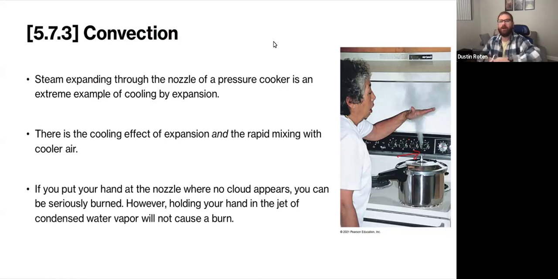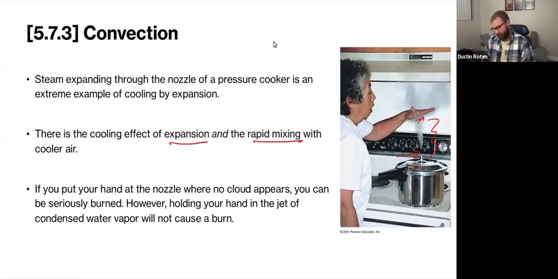But then because it's mixing with cooler air and moving up and expanding, you've got all these things happening at the same time, expansion and rapid mixing. Essentially just a foot above where this super hot steam's coming out, you can just put your hand and it's essentially cold to the touch.